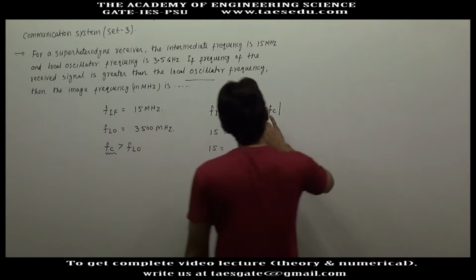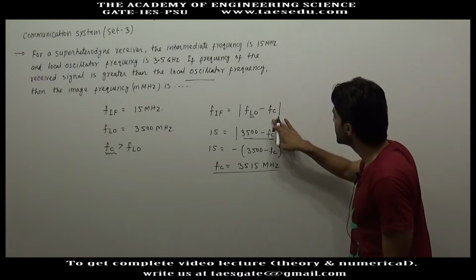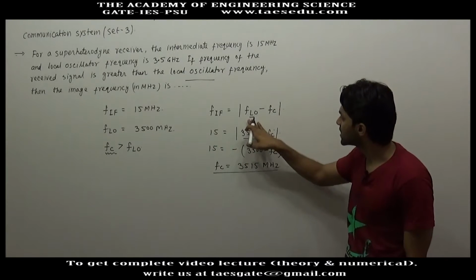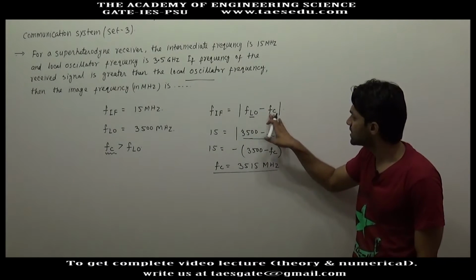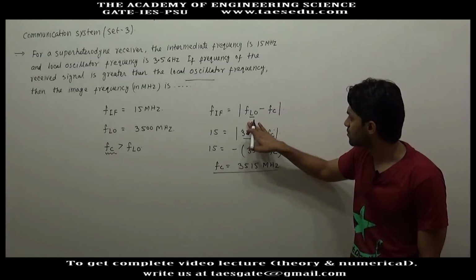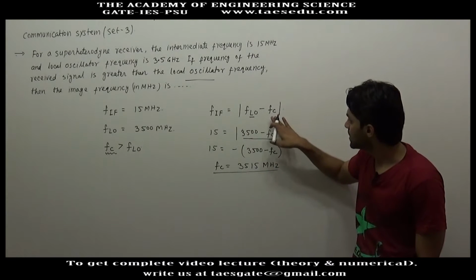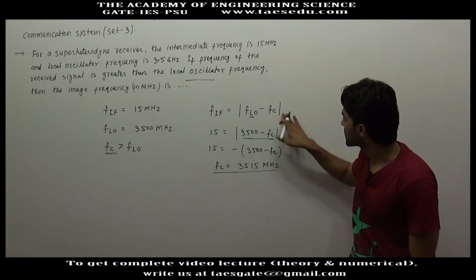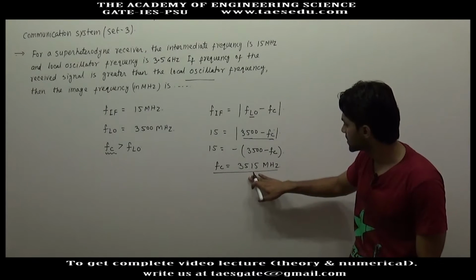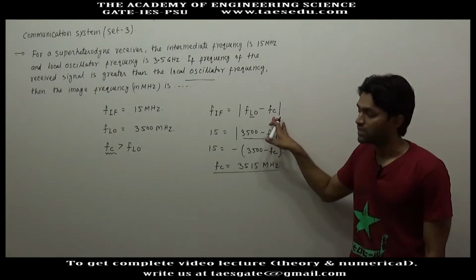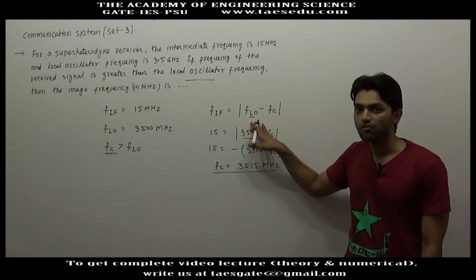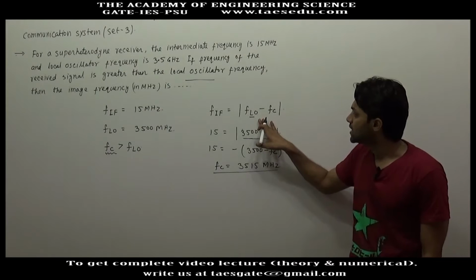Now, since here we have a modulus, there will be two values of Fc. One value of Fc will be greater than the frequency of the local oscillator, and the other will be less. The frequency of the signal is greater, so the other value of Fc, which is less than the local oscillator frequency, will give the image frequency.